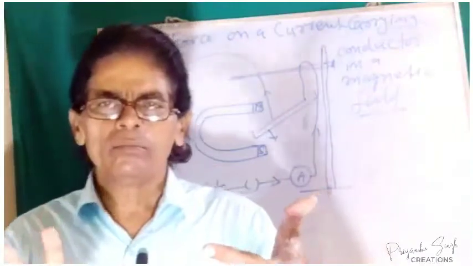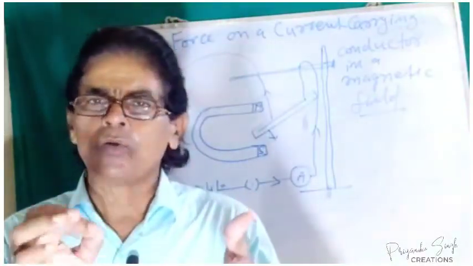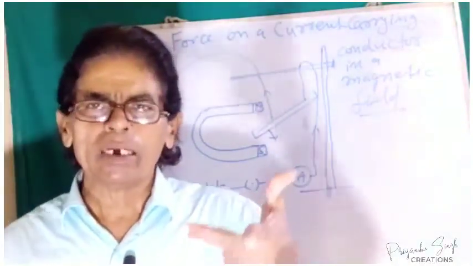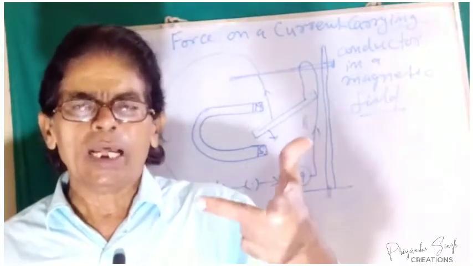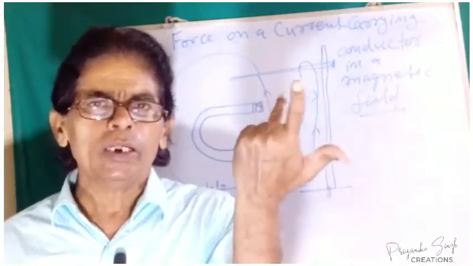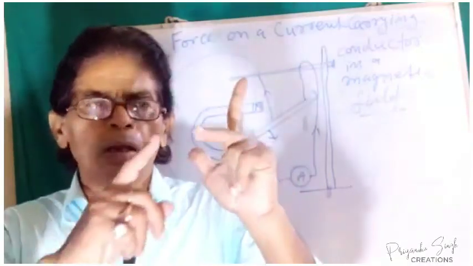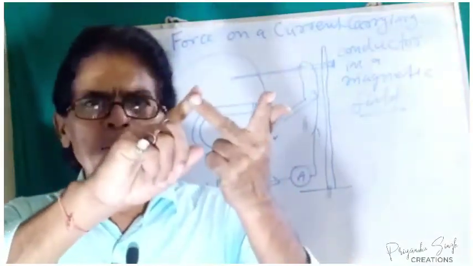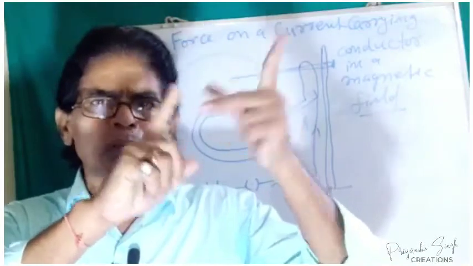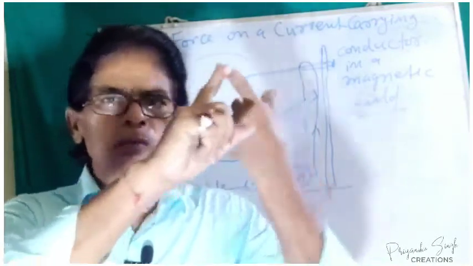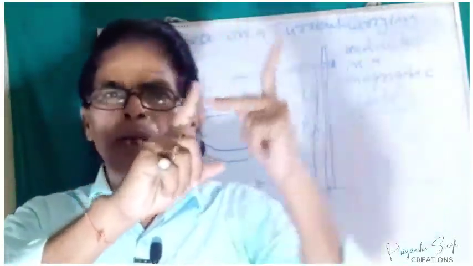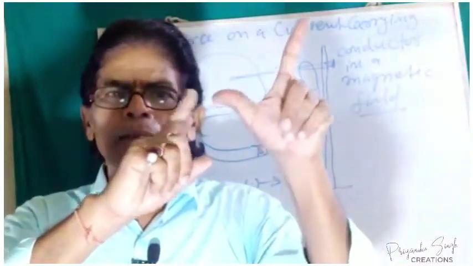So any name is coined here, it doesn't matter. See here, these three fingers, means forefinger, middle finger and the thumb.